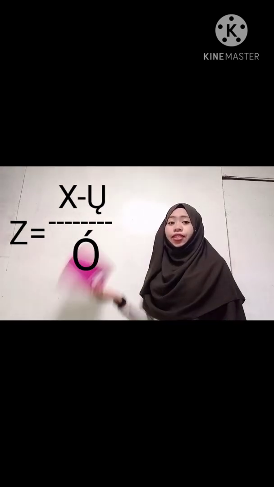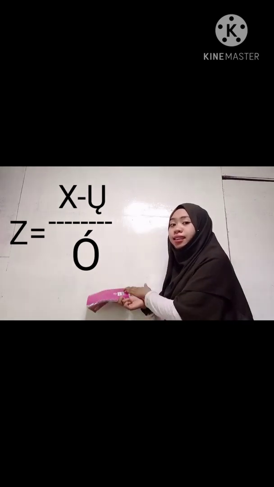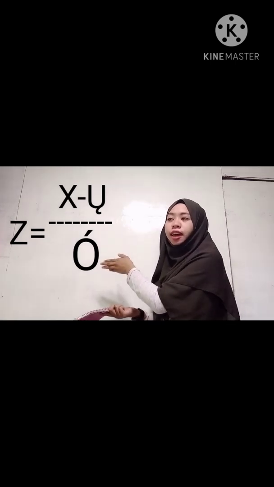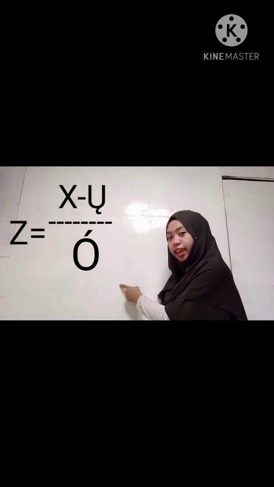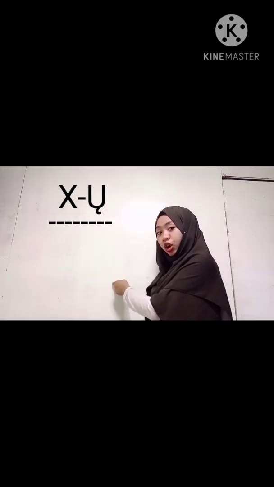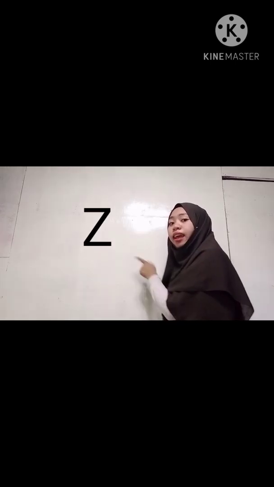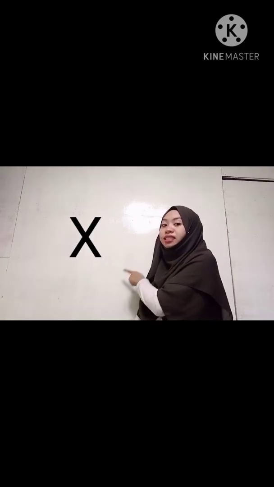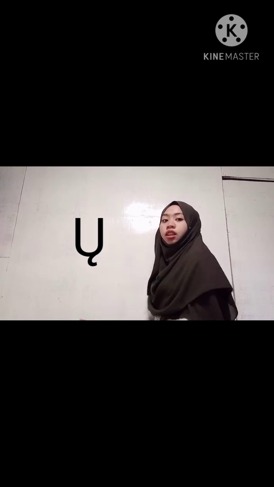As you can see here, there is a Z, and there is an X, and there is a mu, and I'll explain why I call it mu. Also there is a letter like letter O. This Z symbolizes the Z-score, and this X symbolizes the empirical value, and this mu is the mean.